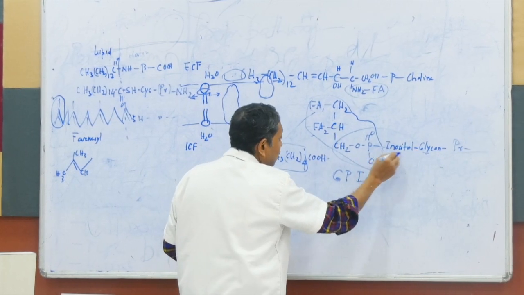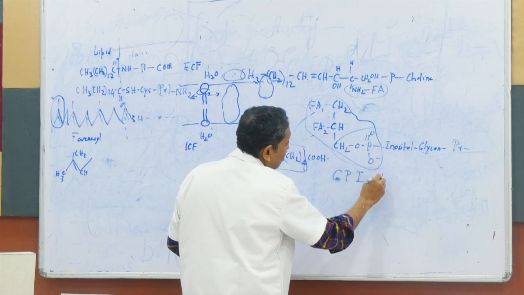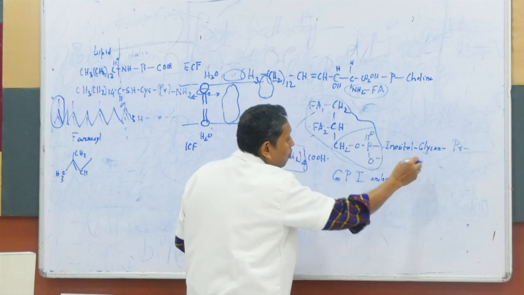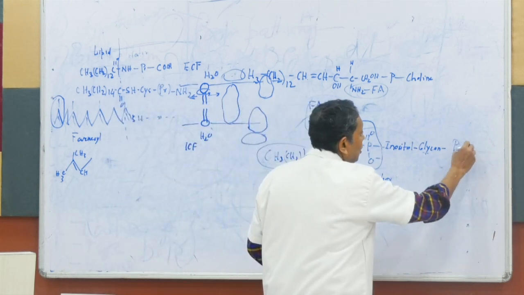In the glycosylated phosphatidyl inositol anchor, there is a protein moiety, that is the C-terminal end, which can join.